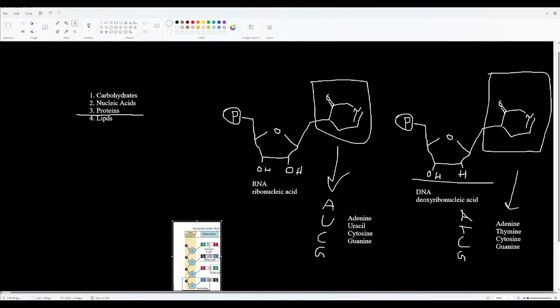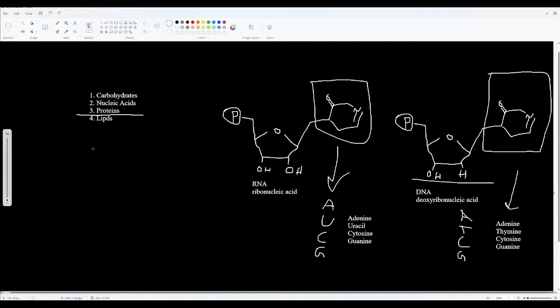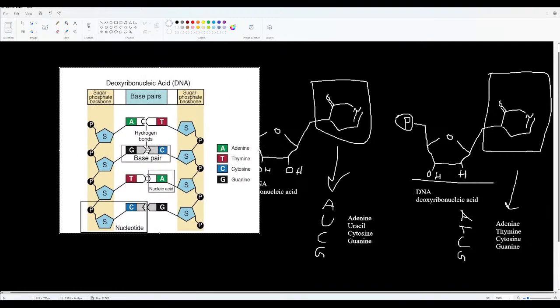I'm gonna give you 2 pictures. One to show you what's going on up close, and one to show you what's going on more generally speaking.